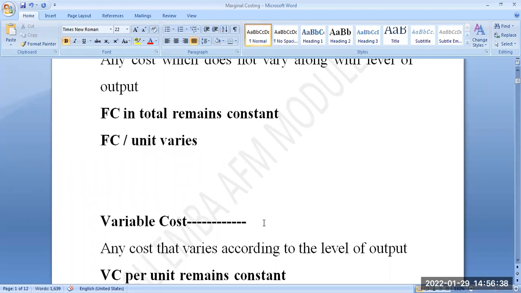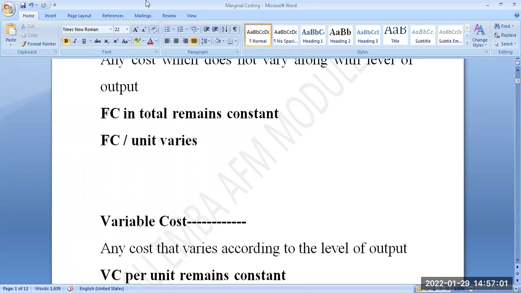Simple example I'll tell you. Suppose, assume, I am getting 1000 rupees per hour to teach you. Just an example. If 100 students are attending, what is the cost of one student for the university? 1000 rupees is payable to the teacher and 100 students are attending the class.